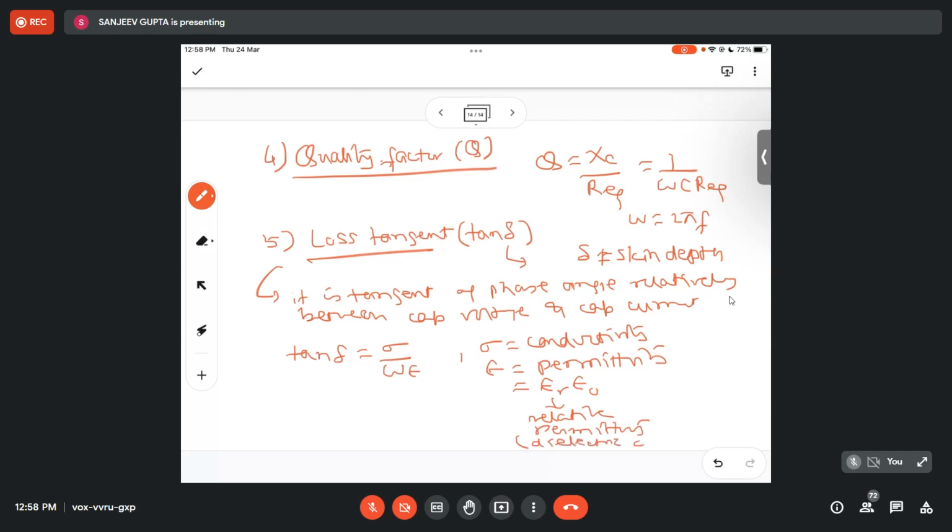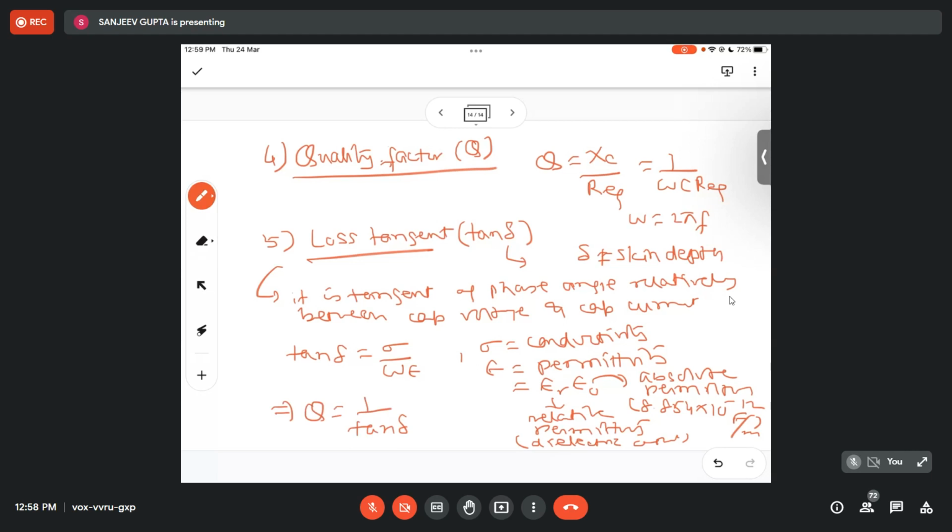I think you must know this. And epsilon naught is my absolute permittivity. Again, there is a value for that, 8.854 into 10 to the power minus 12 farad per meter, but you need not remember this value. Basically, it depends upon the conductivity and the permittivity. So this is how we define it. And there is also a relation between Q and delta: Q is equal to 1 by tan delta. It is more of an empirical formula and so on.